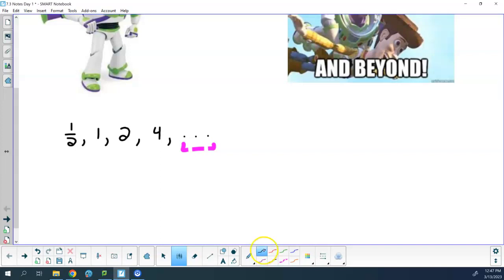Another way is that the wording of the problem might say the word infinite somewhere.